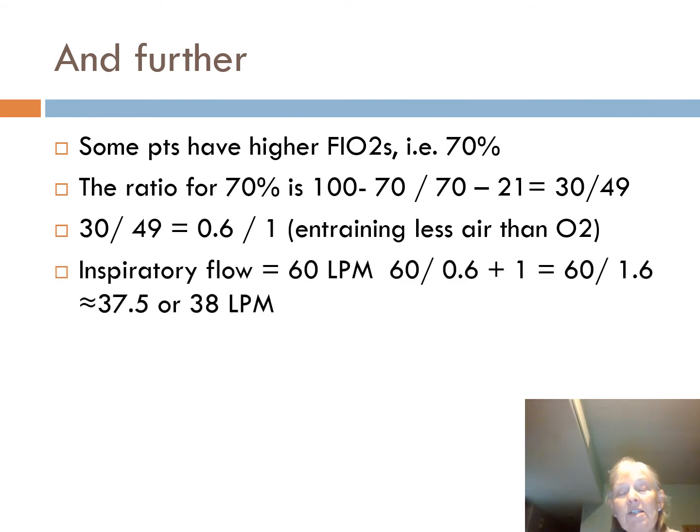Inspiratory flow, still got to meet that 60 liters per minute. So there's my ratio. Let's add it together. 0.6 plus 1 is 1.6. 60 divided by 1.6, 38 liters per minute. Okay, let's see. 1 flow meter is 15. 2 is 30. Now I'm 8 liters short.